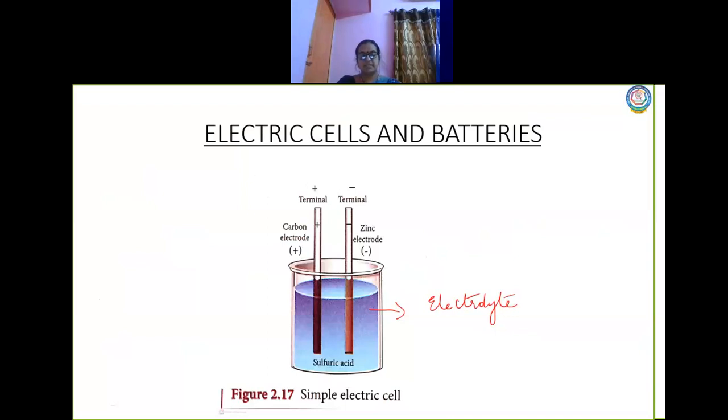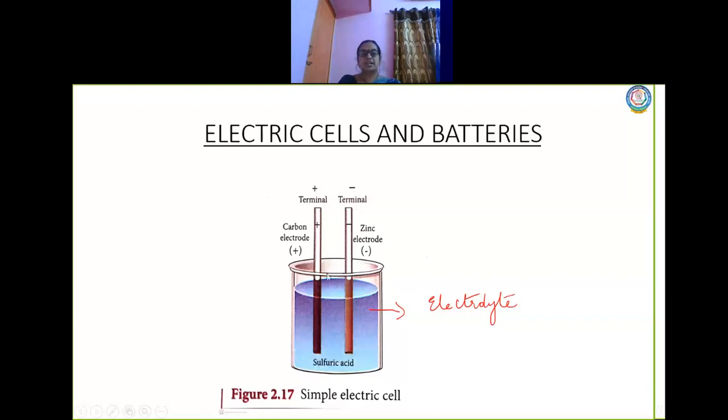Now, what happens here? Electrodes are immersed in an electrolyte. The electrons in the negative terminal, which is the zinc rod, start moving towards the positive terminal. When this happens, there is a chemical reaction taking place between the electrolyte and the electrodes, which creates a potential difference across the terminals. That is why we write positive and negative here.